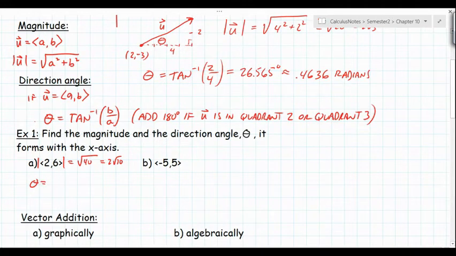And the angle is the inverse tangent of 6 over 2, which is about 1.249 radians, or 71.6 degrees.